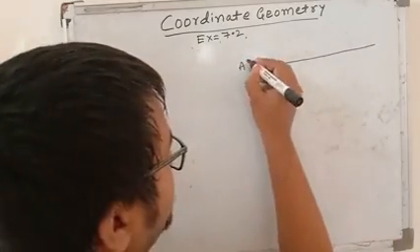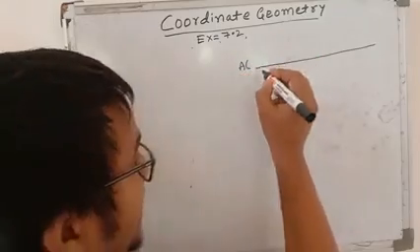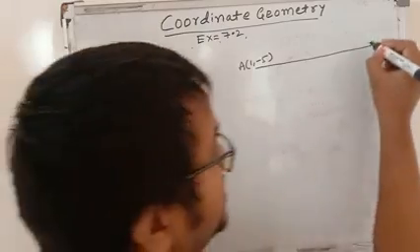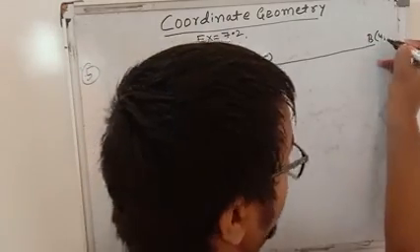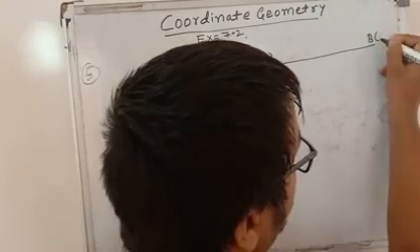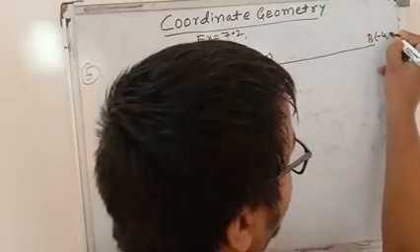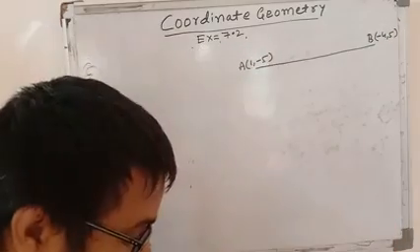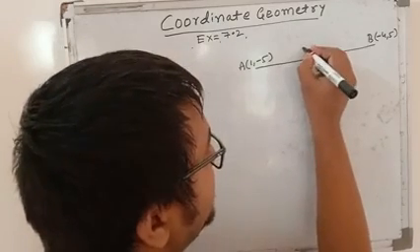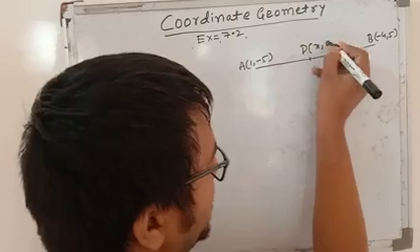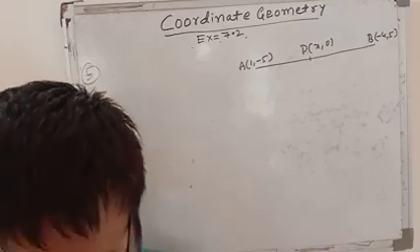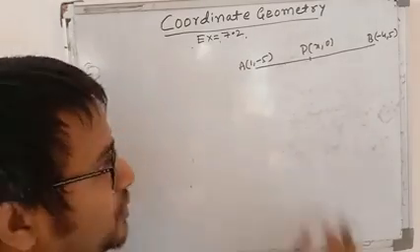Suppose this is point A (1, -5) and point B is (-4, 5), divided by the x-axis. Suppose point P is a point on the x-axis, so its coordinate is (x, 0). First you find the ratio and then the point.